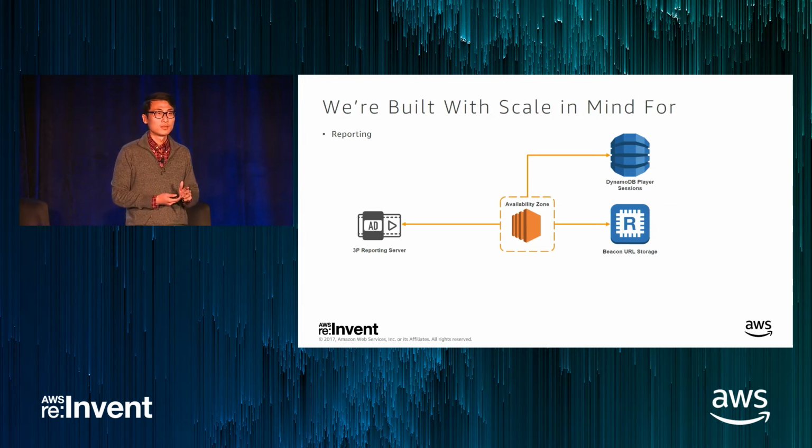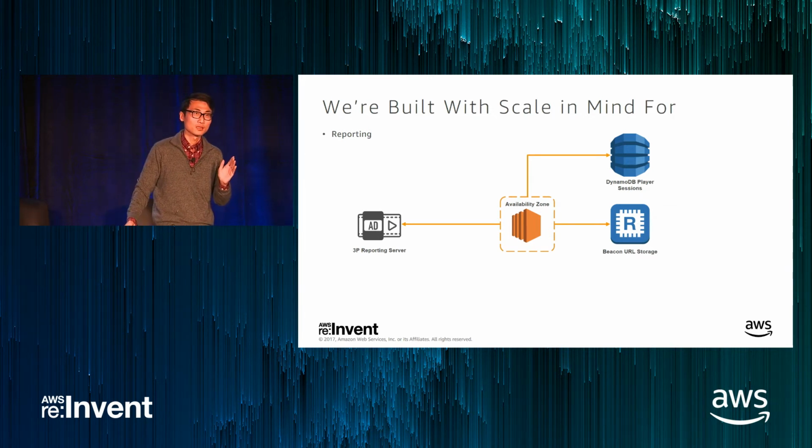So all the start impressions, the quartile beacons, the complete beacons, and any pause or rewind events that are necessary for that specific ad. We put that all into ElastiCache. And when those reporting events actually happen on the server side, we make a request out to the ad server.